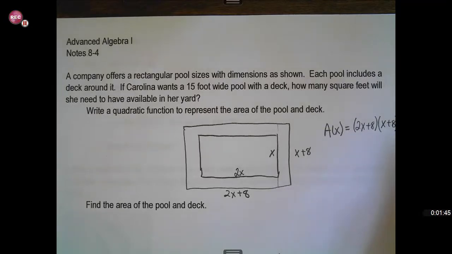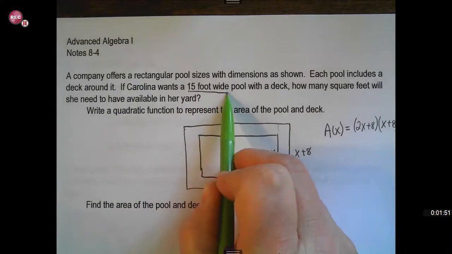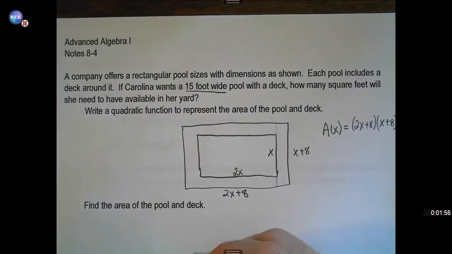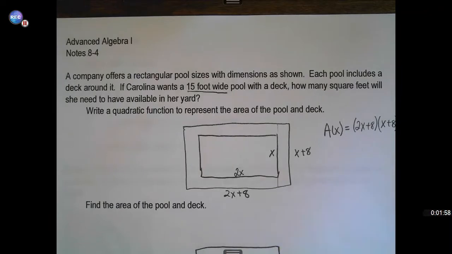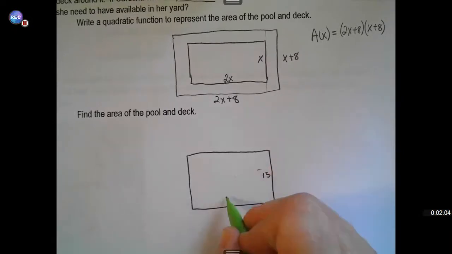Basically, they're telling us that she wants a 15-foot wide pool. So if we look at this again, a 15-foot wide pool would indicate that the length would be 30.